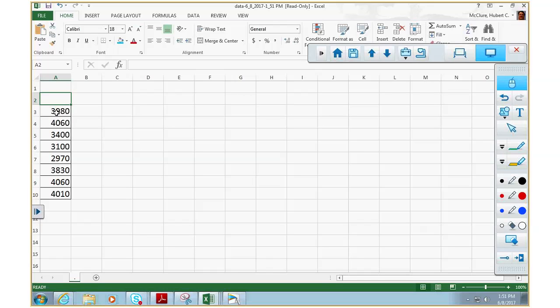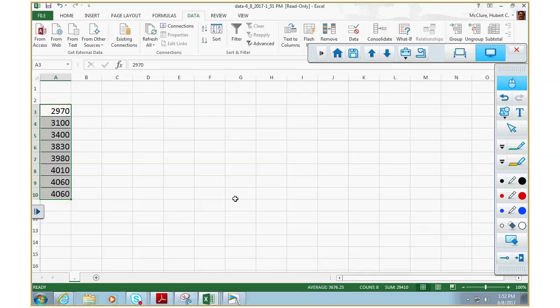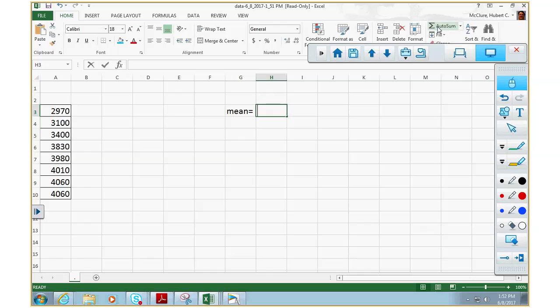I'll put them in order first. Are they in order? I don't think they are. How many we got? 8. Now I'm not doing the other stuff because it's only asking for the standard deviation.